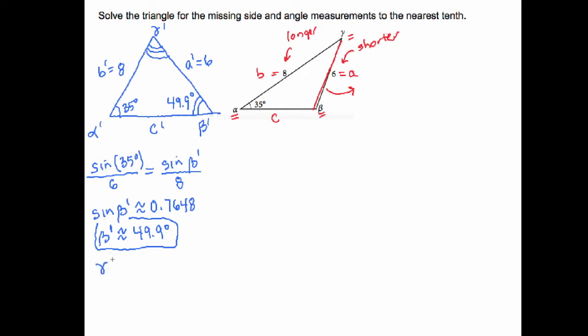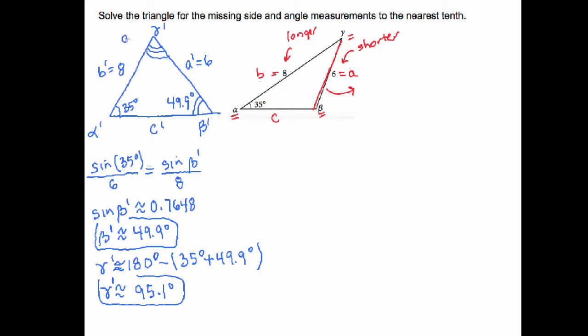So gamma prime could be found by taking 180 degrees minus the sum of the two angles given in this triangle, which is 35 degrees plus 49.9 degrees. So I find gamma prime to be approximately 95.1 degrees. So I will box it. I will place over here 95.1 degrees.